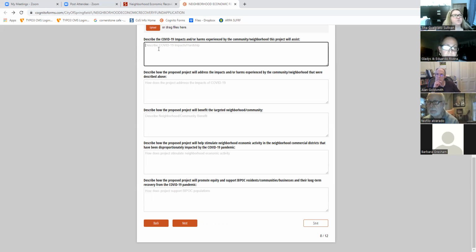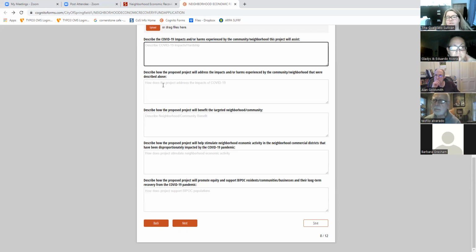So like I said, if you're doing a storefront application, your harm would likely be that because of the shutdowns, your business didn't have any foot traffic, folks couldn't come in, your business was shut down, and not just your business, but all the businesses in the area. So then that reduced economic activity in the neighborhood, it reduced jobs in the neighborhood, it reduced jobs for neighborhood residents, it reduced the business that was coming into the neighborhood district in general.